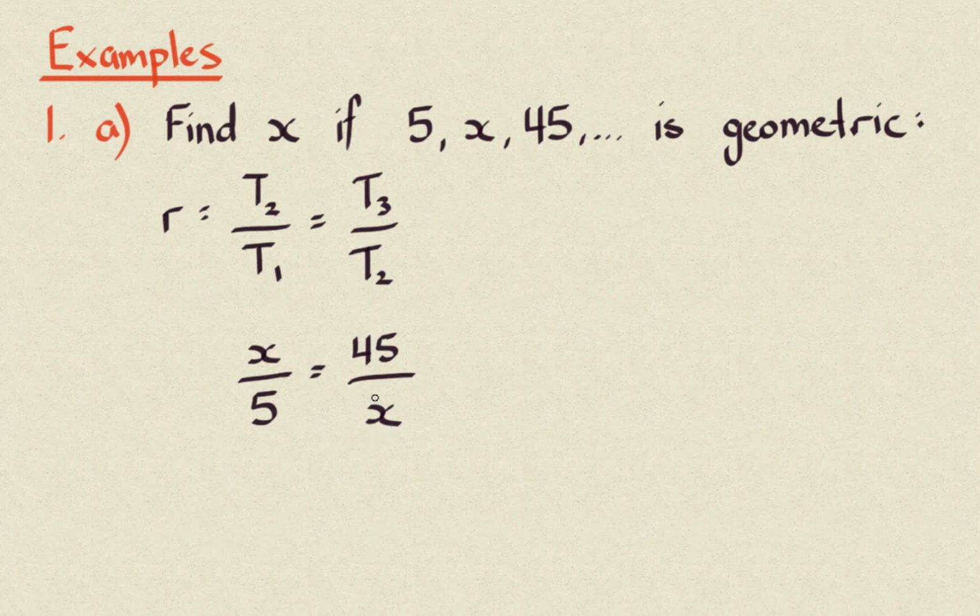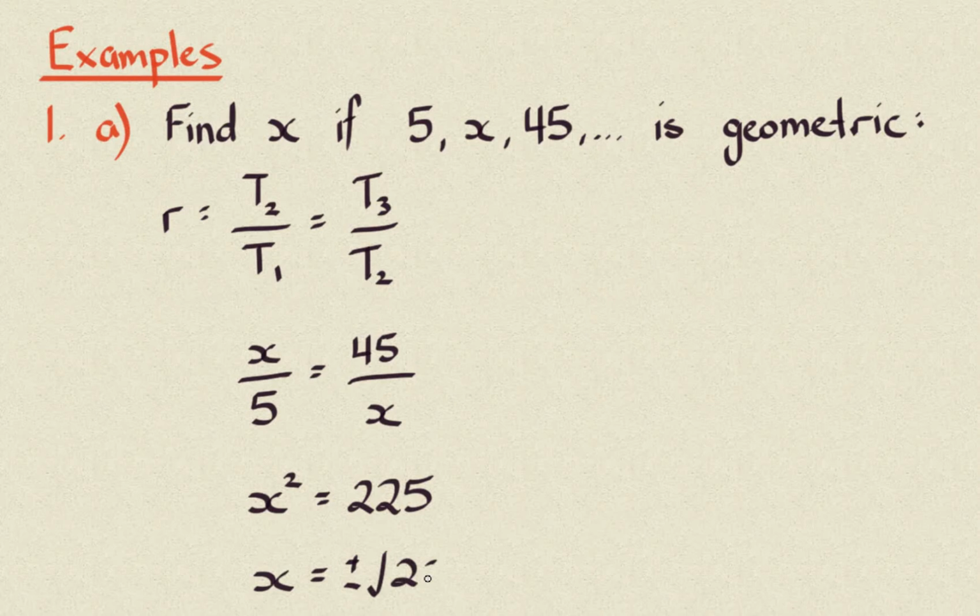Let's multiply both sides by the denominators that we see. So when we do that, the x multiplies over to the left-hand side and gives us an x squared. And the 5 multiplies by the 45. And when we calculate that, that's 225. Now, taking the square root of both sides, we get x is equal to, now with square roots, remember we have to take the positive and the negative versions.